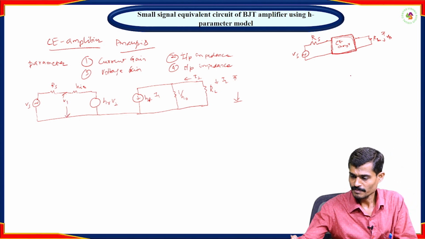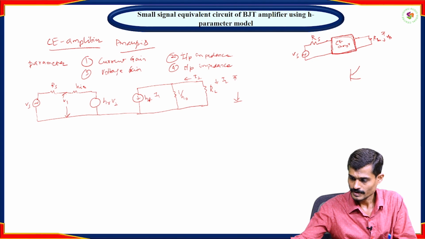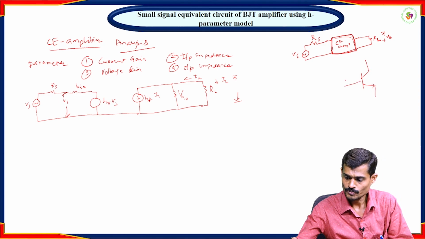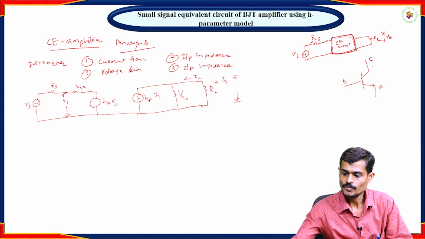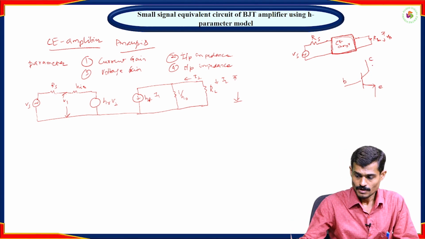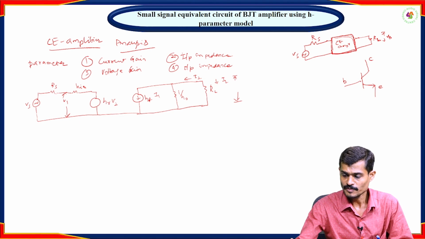But for a CE amplifier, what is input and what is output? Where will you apply the input? At the base. The emitter is grounded, and you will take the output at the collector.